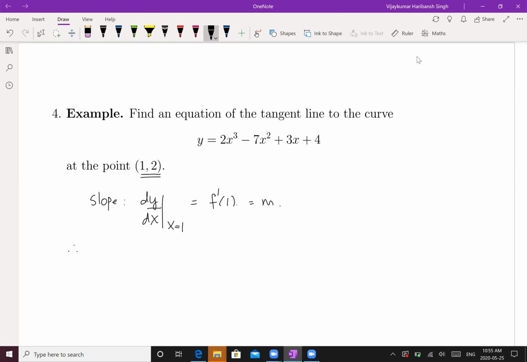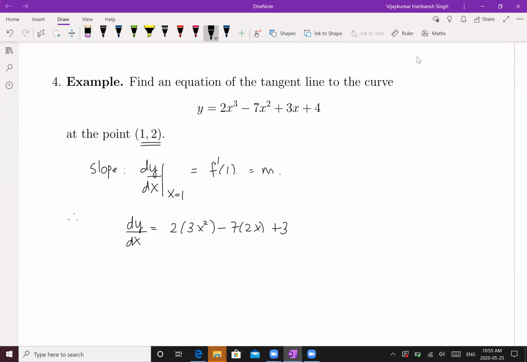So let's compute first f prime of x, or dy by dx. So for dy by dx, now we can directly combine the sum rule and the power rule and the constant multiplication rule. So we get 6x, so 2 times the derivative. Let me just do the first one. So 2 times 3x squared minus 7 times 2x plus 3. So therefore, m, which is dy by dx at x equals 1. I'll substitute 1 instead of x. So I get 6 minus 14 plus 3.